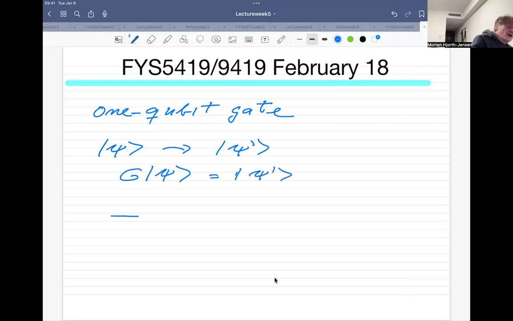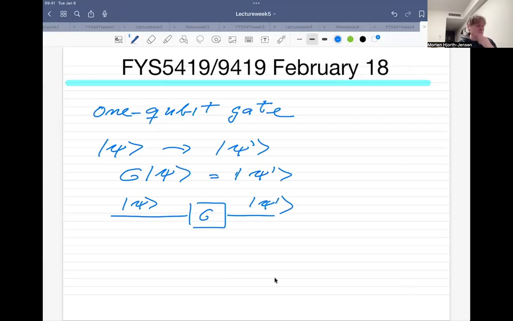And we would typically write this as a diagram. So we have the state psi, we just write this gate G, which we have left unspecified, and this gives us a state psi prime. So a typical example was us initializing the system in the state 0.